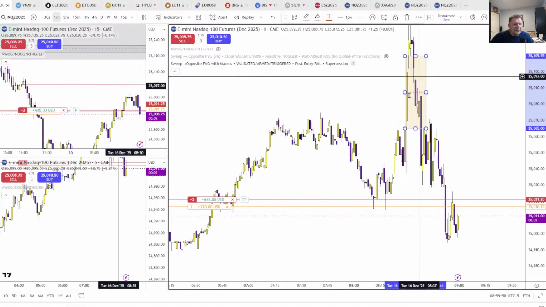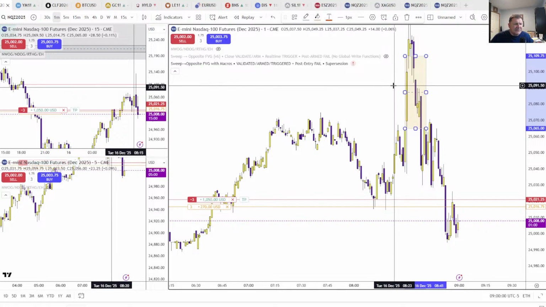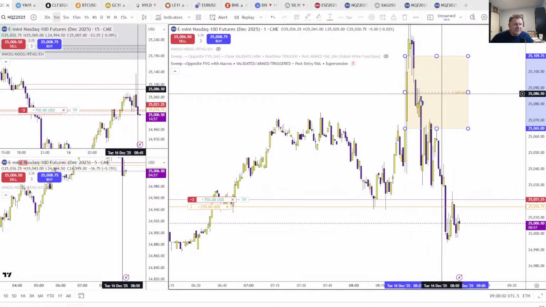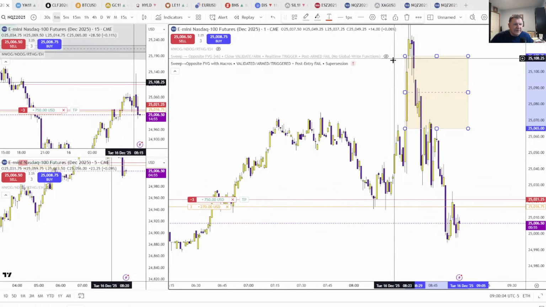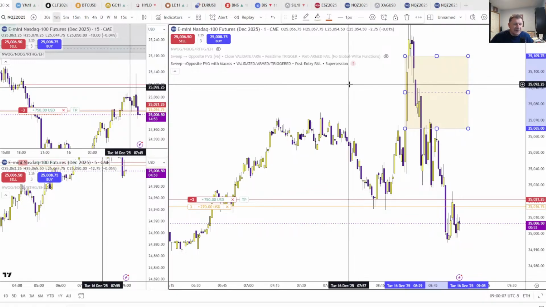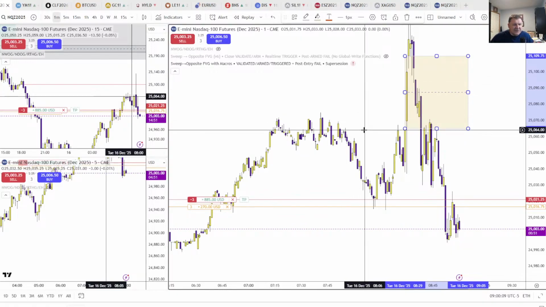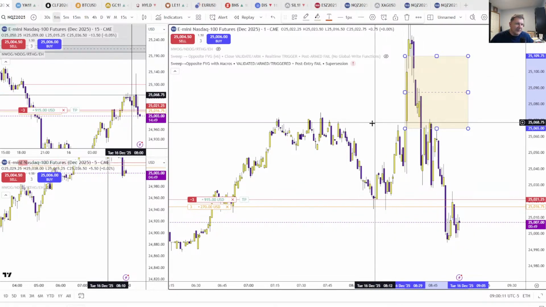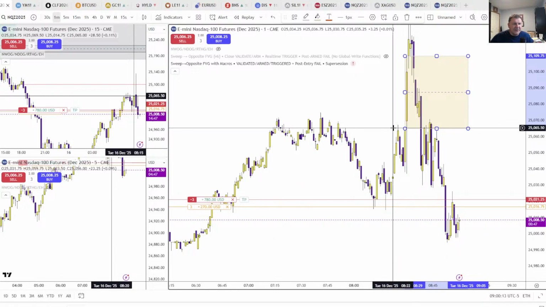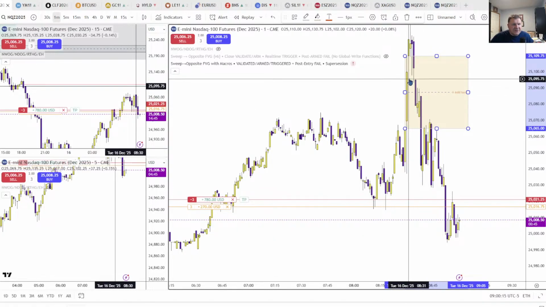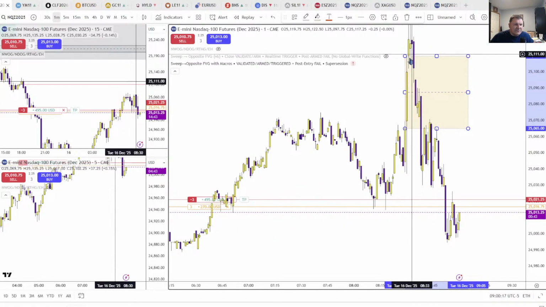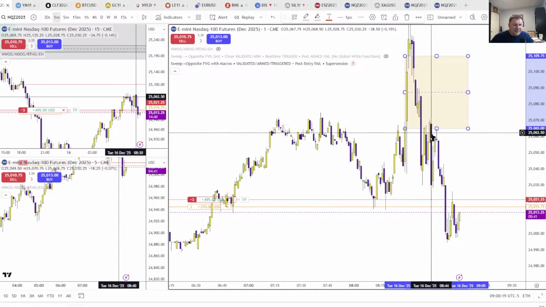This is what Michael, this is the new name he's got for suspension block. We included it anyway, but he calls it a suspension block, so it doesn't change the fact that it's still an awesome block to bounce off of. So we don't just use this BISI, we use the whole imbalance along the way.